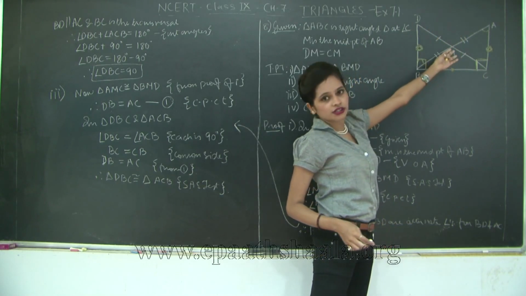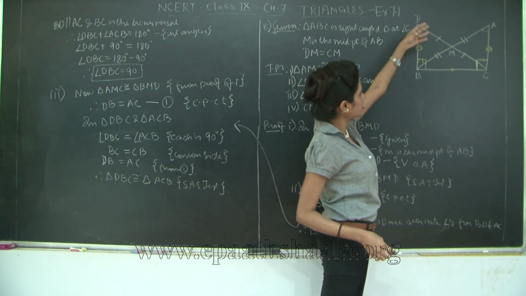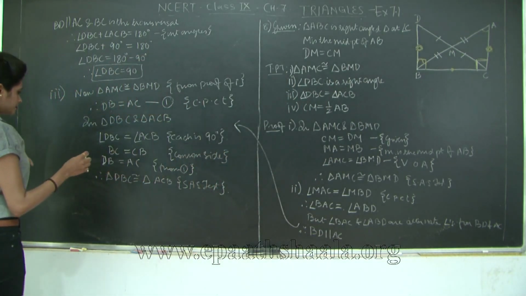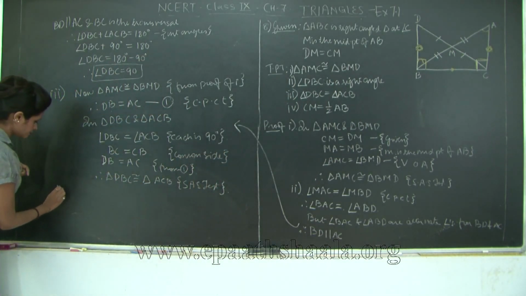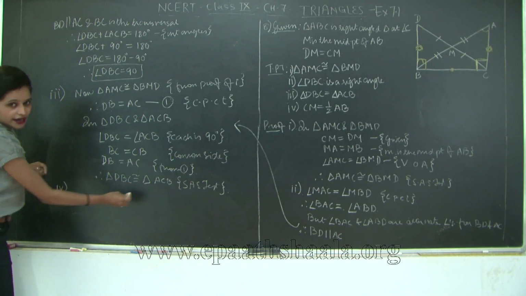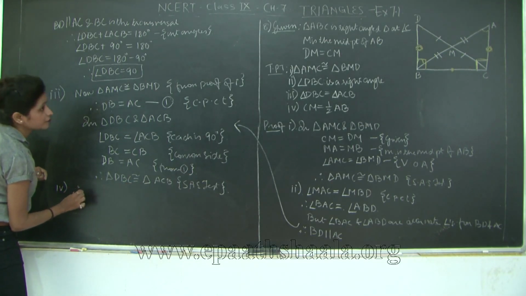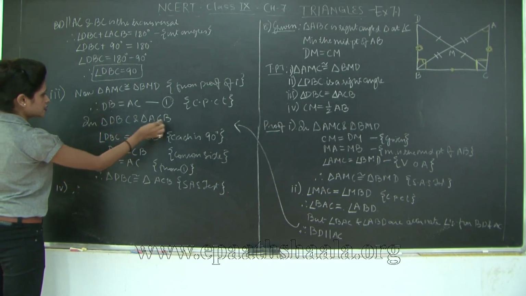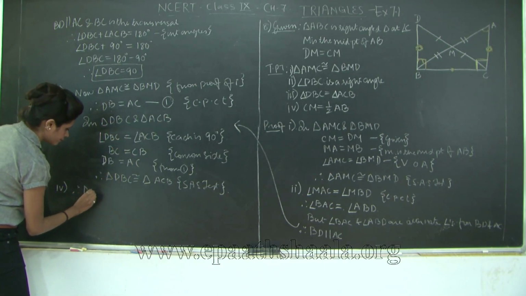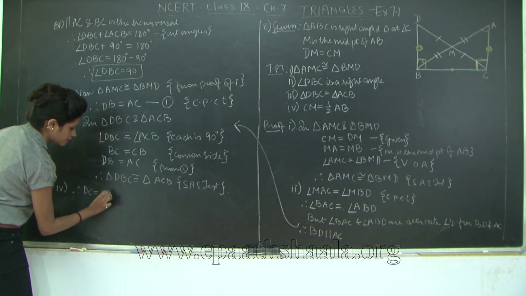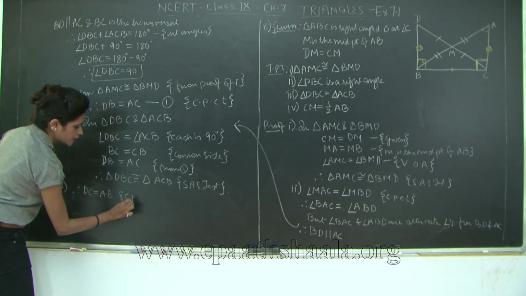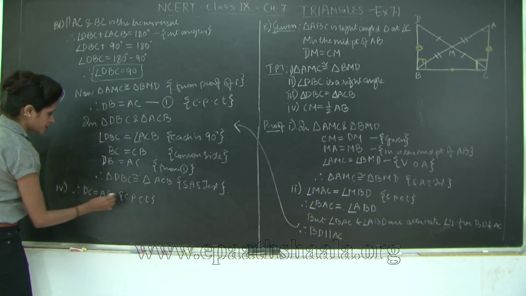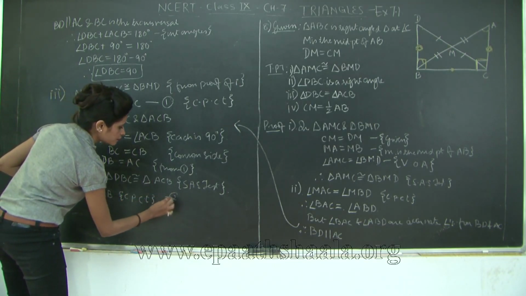Therefore, CM can also be written as half of AB. So let's go ahead and write this. These two triangles are congruent. Therefore, DC is equal to AB, corresponding parts of congruent triangles. Correct? I'll mark this as 2.